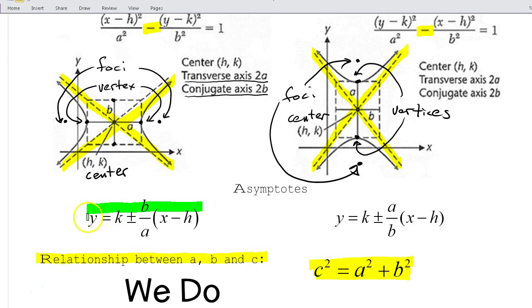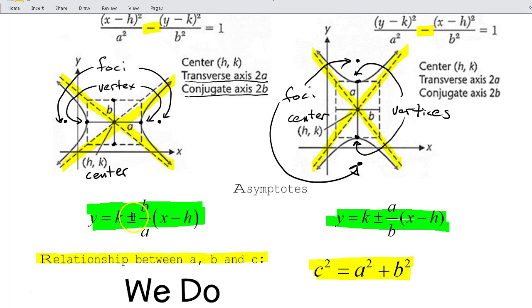So notice that these two equations, if I move the k back to the left, it would be y minus k, just like our standard form up here has y minus k, and then I still have an x minus h. Okay, so all we do is we move the k over to the other side so it becomes positive. So instead of y minus k, I have y equals positive k.